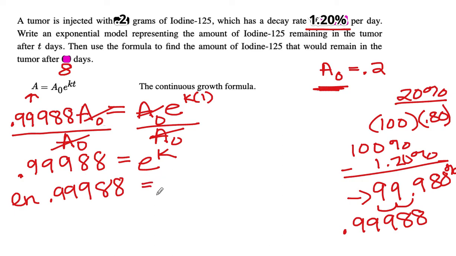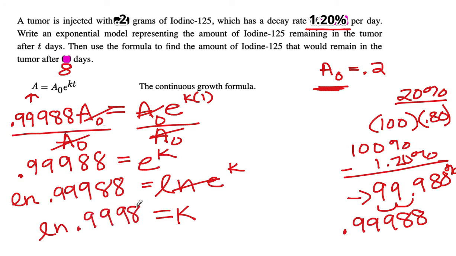And then when I take the natural log of e, these are inverses of each other, so they will cancel and bring down k. And then we just have k is equal to the natural log of 0.988. Phew! So now we have what k is.